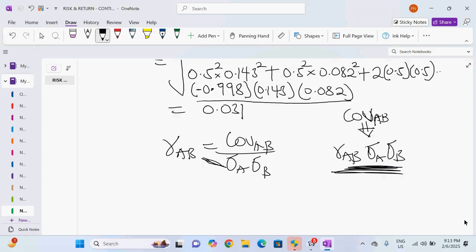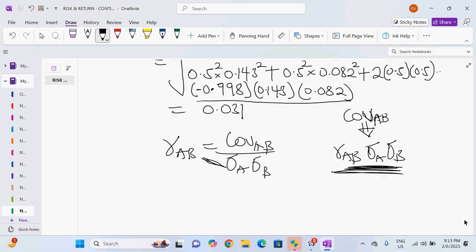My question is that after getting the covariance, can we just leave it at that and use this as the correlation coefficient in the portfolio standard deviation? Please come again.